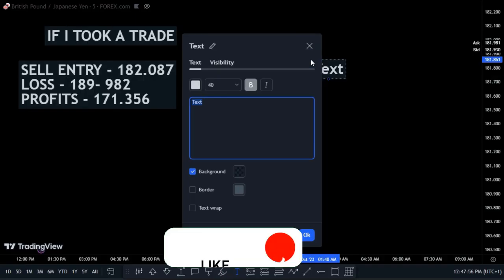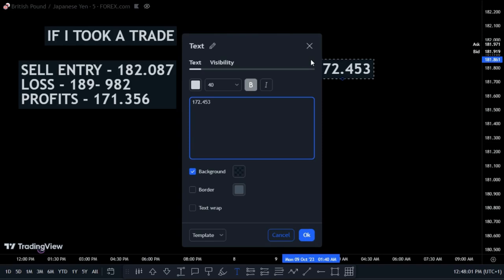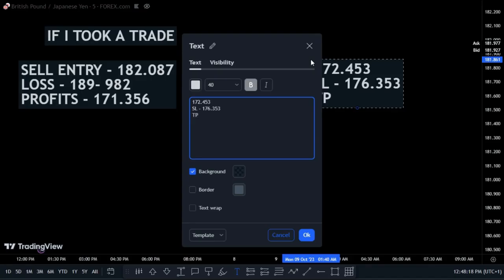So let's say I took a trade at 172.453, and my SL, or my loss, is 176.353, and my win, or my profit, also known as TP, is 16162, or let's do 165.865.